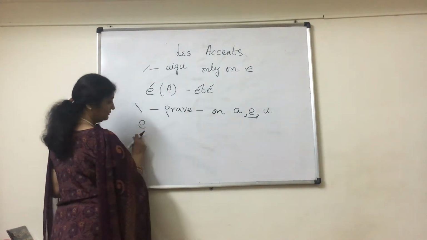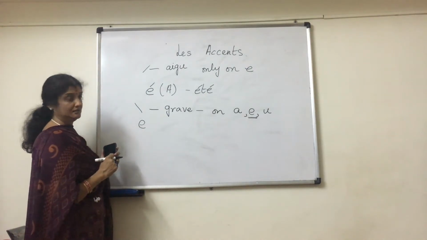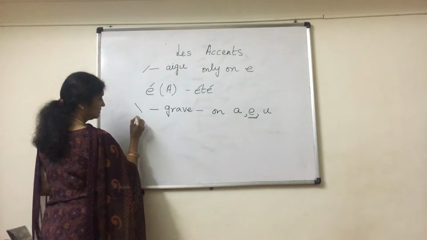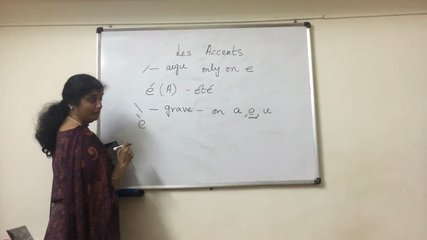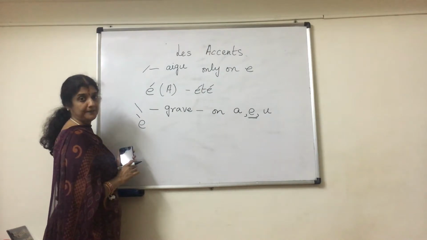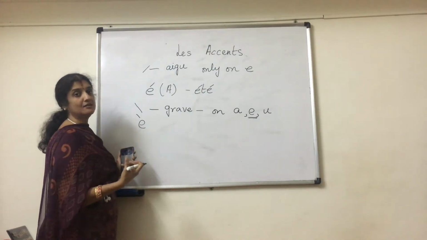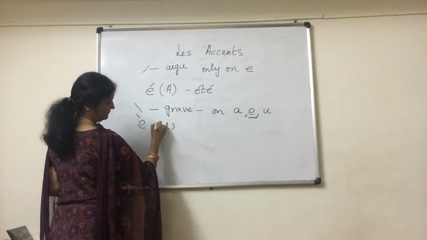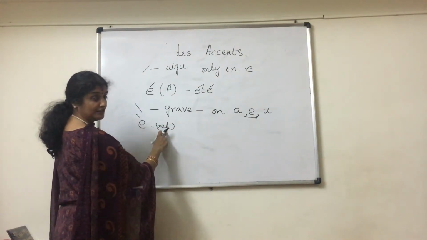Now what is the pronunciation of this? This is e. What's the pronunciation of this? This is è. So when I write accent grave on top of e, the pronunciation changes to è. The intonation is down. This is for you to remember the pronunciation.